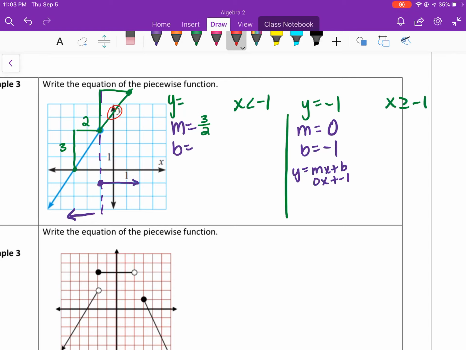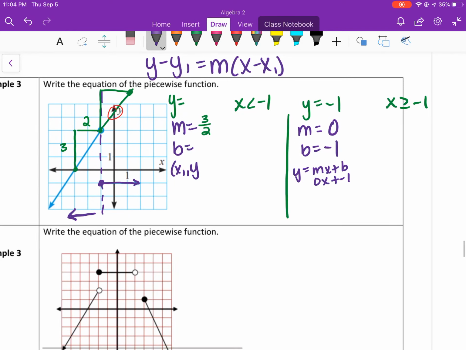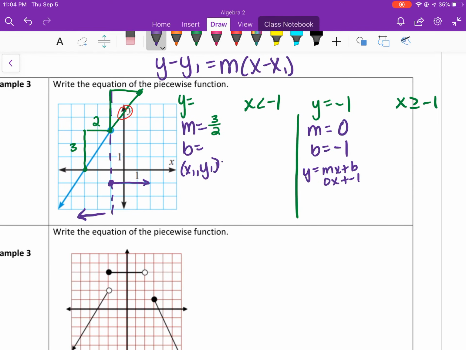So we're going to have to use our point-slope form, which is y minus y1 equals m times x minus x1. The slope is going to be 3/2, and x1, y1 will be any point on that line. So I will pick the point, let's see, how about -3, 0? -3, 0 is a point on the line. That's a good point to use because it has a 0 in it. Sometimes that's easier.